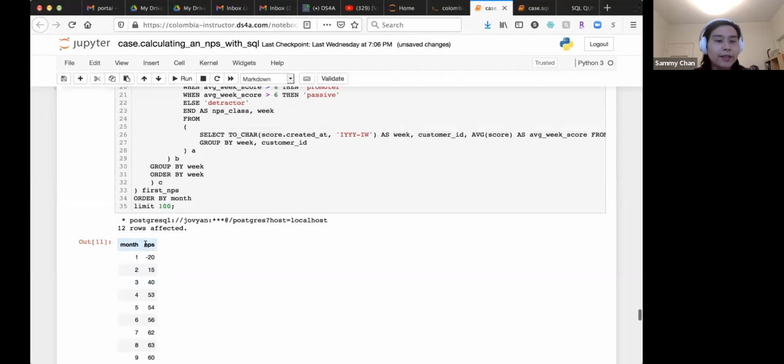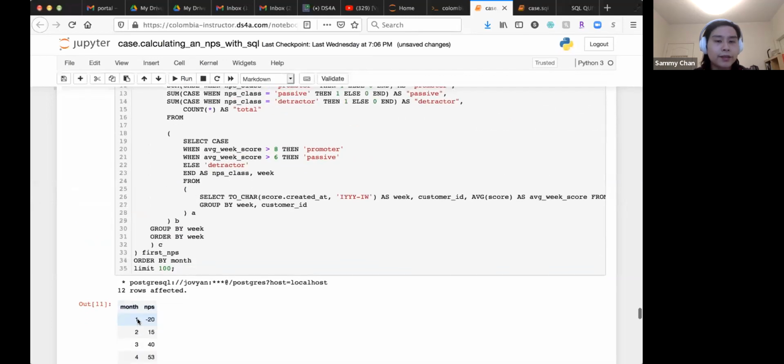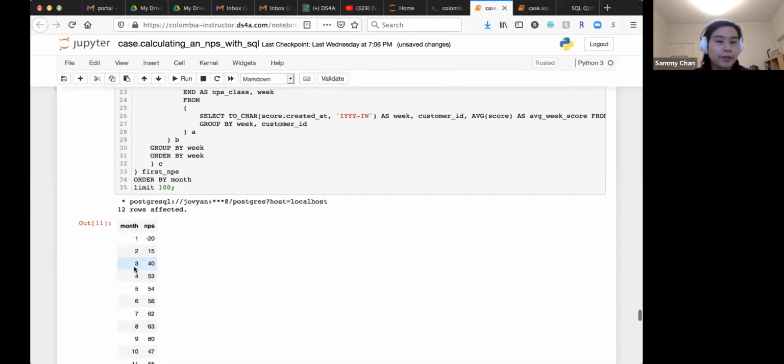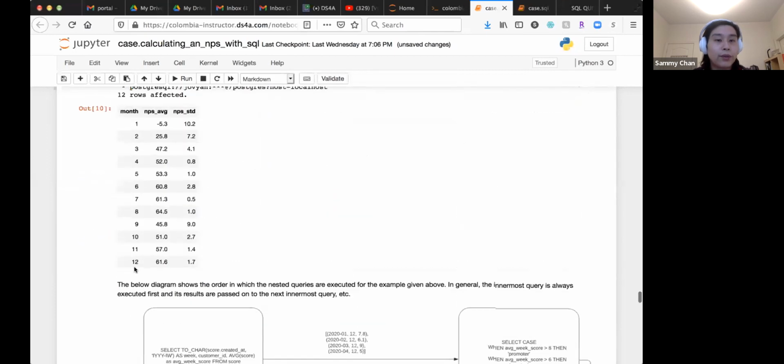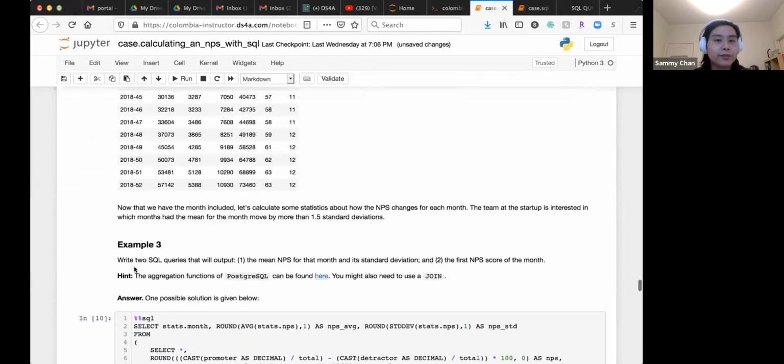And now we get the NPS again per month with the duplicates removed.